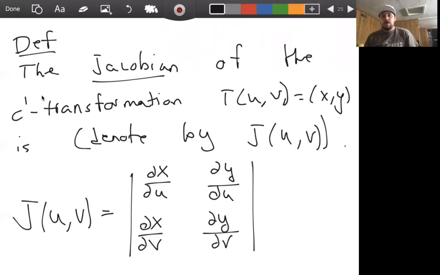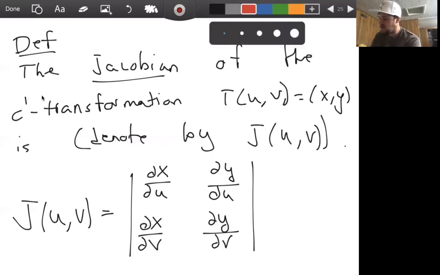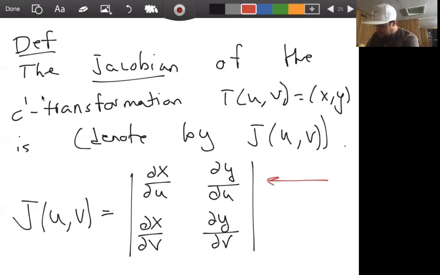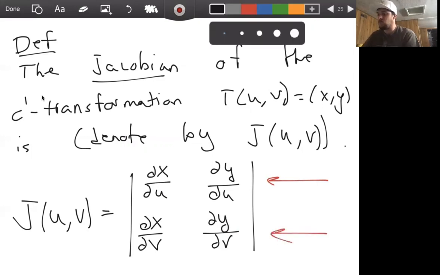It is a matrix, right? It's a 2x2 matrix composed of all first order partial derivatives. You can see here are first order partial derivatives with respect to u, and here are first order partial derivatives with respect to v.